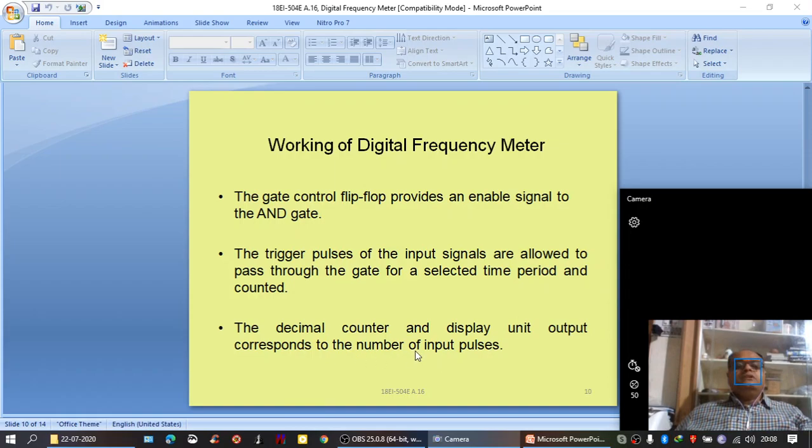The decimal counter will produce binary data, and through memory devices it is given to a decoder unit. From the decoder unit it will be given to the display unit, and the display unit output corresponds to the number of input pulses.